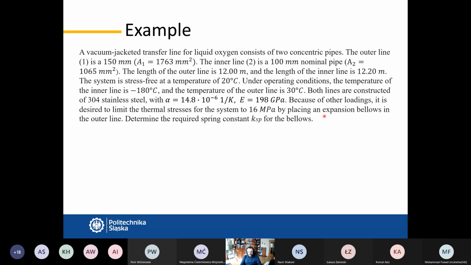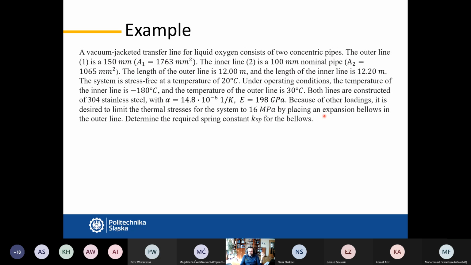The outer line is 12 meter and the inner is 20 centimeters longer, because there is, let's say, an expansion system applied. The system is free of stresses when the temperature is 20 degrees Celsius. So if both pipes are at 20 degrees Celsius, there is no stress in the system.